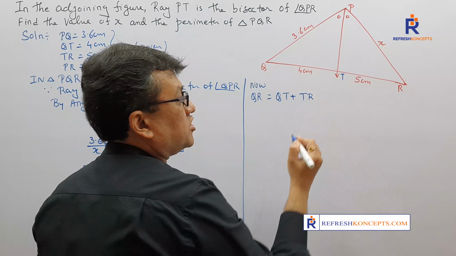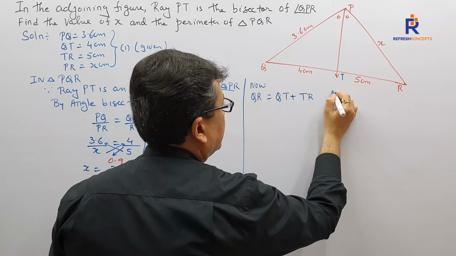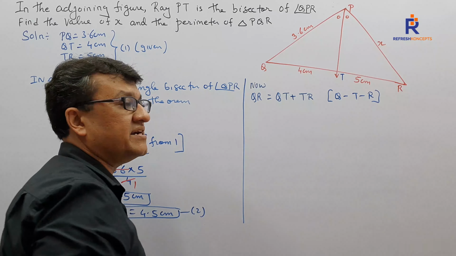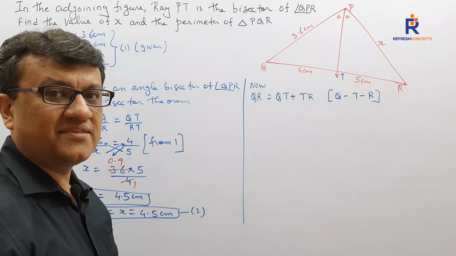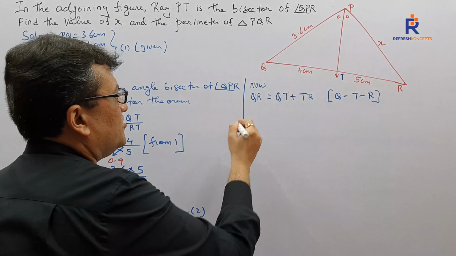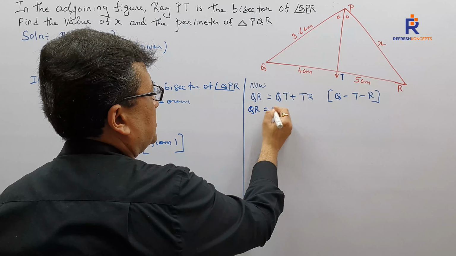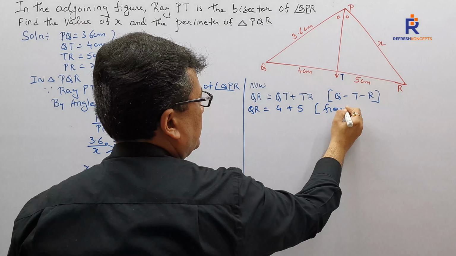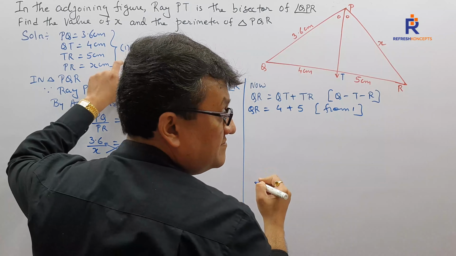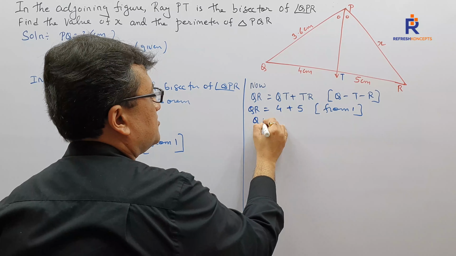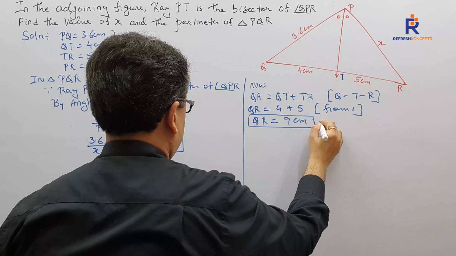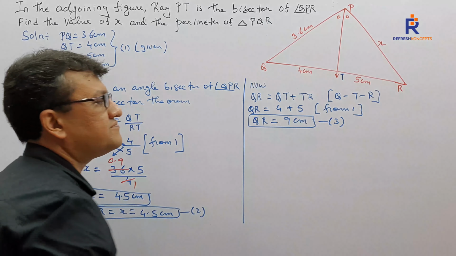Children, in geometry we say collinearity, Q-T-R. I hope my children are understanding this. So QR is equals to, how much is QT? 4. How much is TR? 5. From where did I get the values? From equation number 1. QR is equals to 9 centimeter. This is what you can say equation number 3.